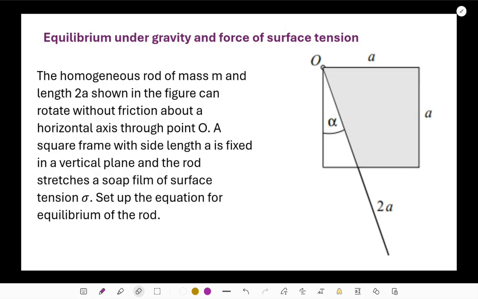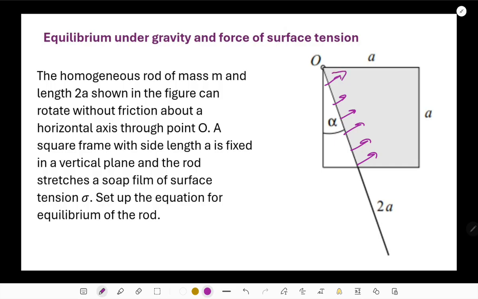I should be thinking about the torque of the gravitational force acting on the rod about point O, and this must be equal to the torque of the force due to surface tension. So I guess surface tension forces will be acting on the rod like this.